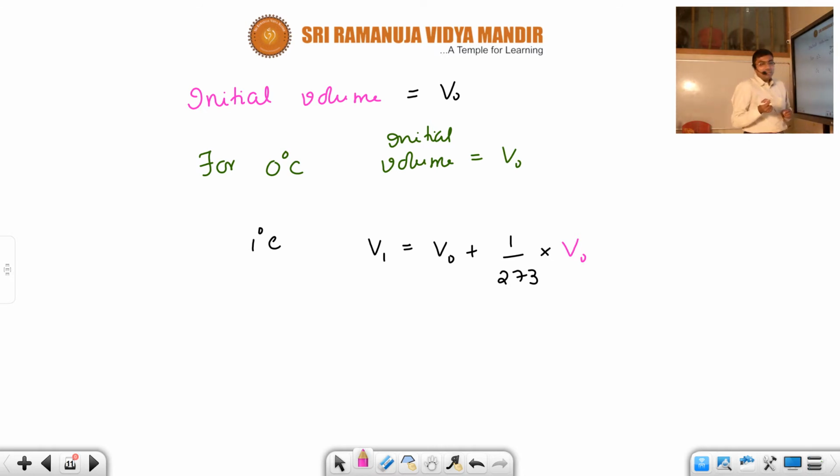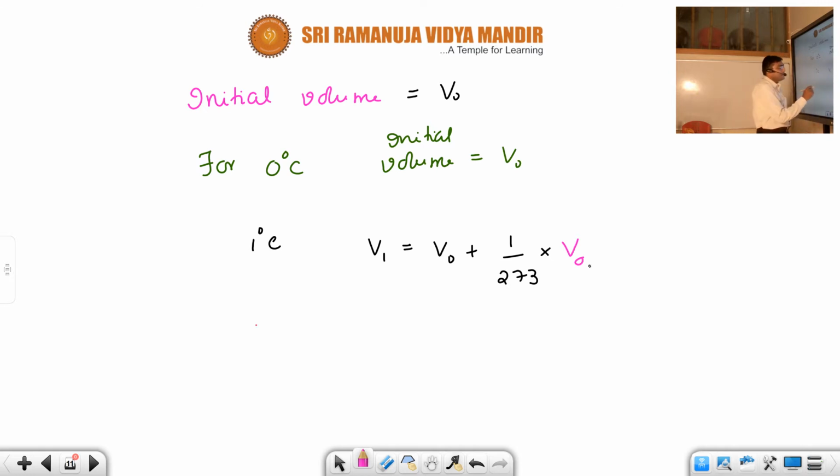When you increase the temperature by 1 degree, the volume increases by 1 by 273 of the V0 value. So 1 by 273 part of the initial volume it is increasing. So this you have to basically realize.